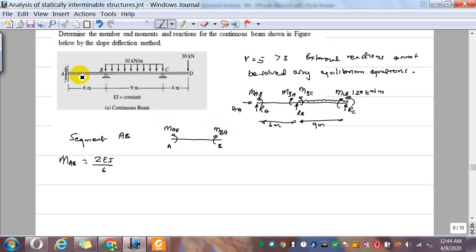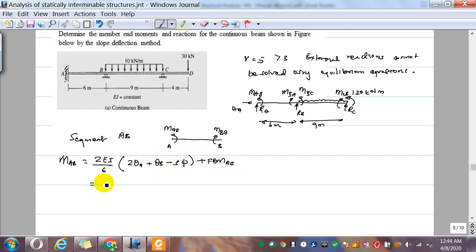And because of loading, there is going to be rotation here, so you have theta and so on. So MAB equals 2EI over 6 times 2 theta A plus theta B minus 3 psi, plus the fixed end moment AB.